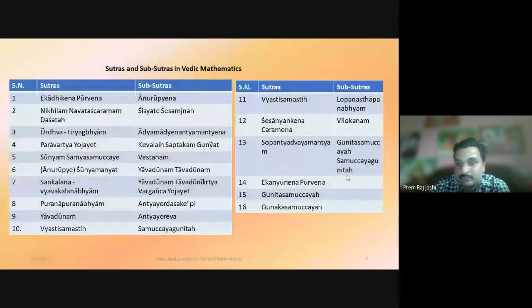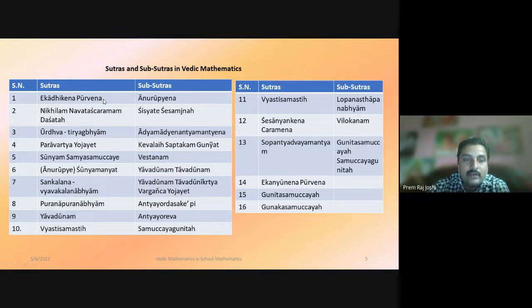I am just showing here the list, or the table, of the sutras and subsutras. I will not go through all the details of what each word means and how these are derived. But I will demonstrate the applications, solving problems or calculations on the basis of these sutras.